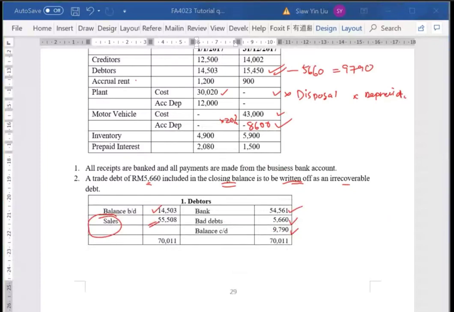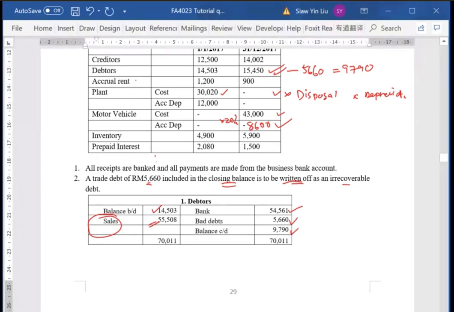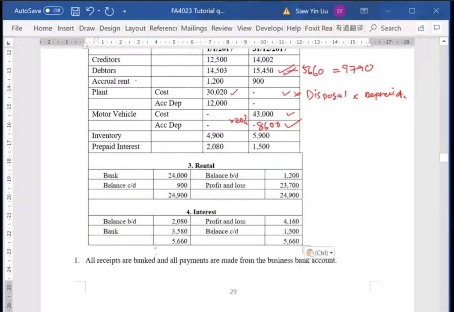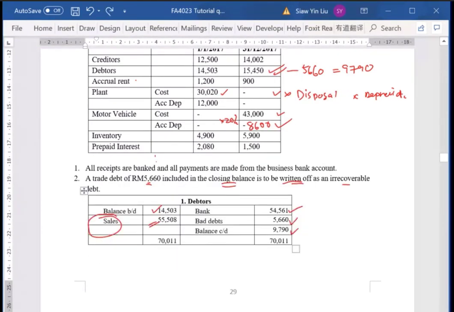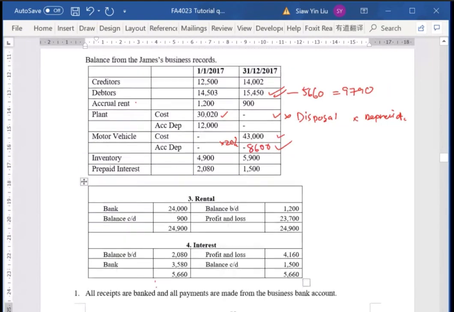Because it's accrued, right? When you record into your income statement, you only record current year expenses. So in your current year expenses here, in the income statement, let's see this. You should have these two. Rental.